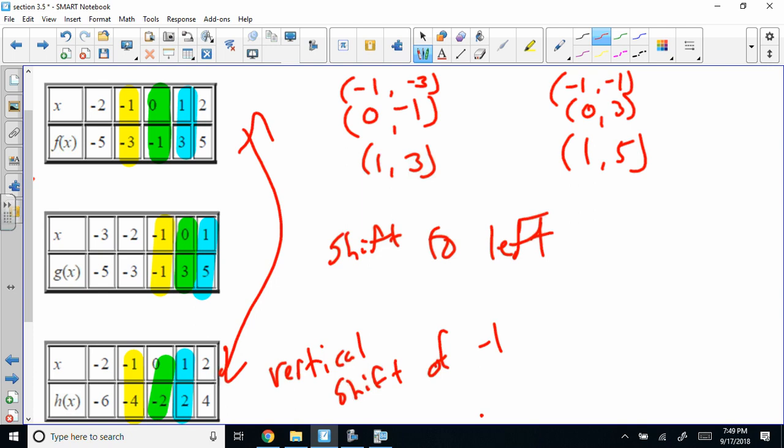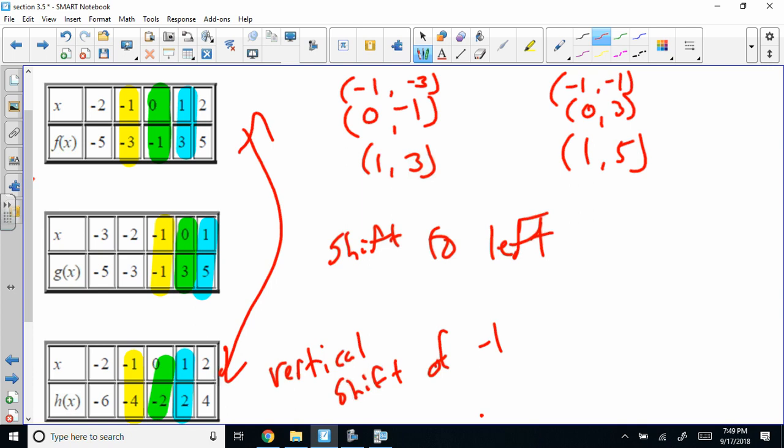My x values shifted which way, guys? I'm not looking at my y's, am I? I'm looking at my x values. My y's stayed the same, did they not? So what happened to my x's? They all shifted 1 to the what? Y'all see that? Y'all see it now? No? Yes?